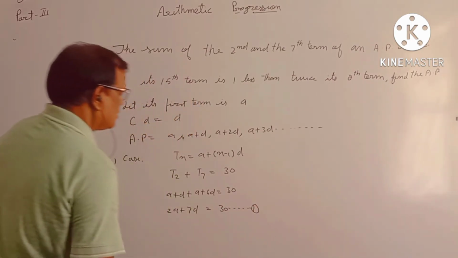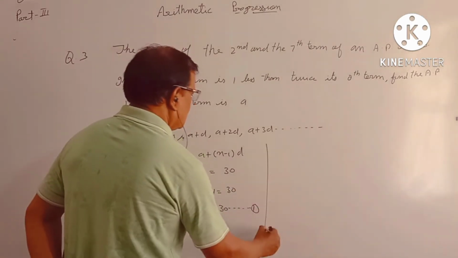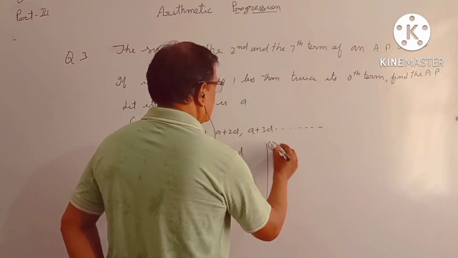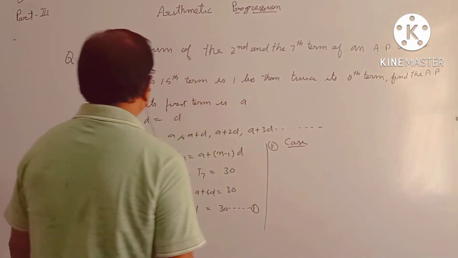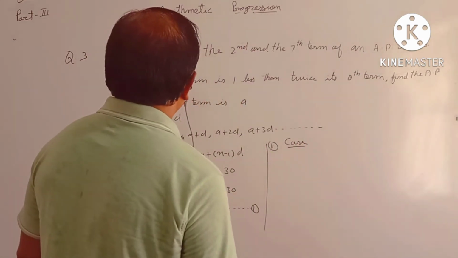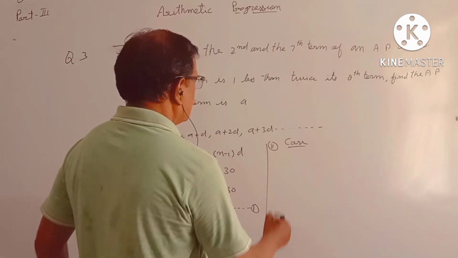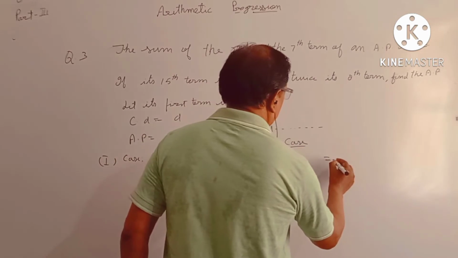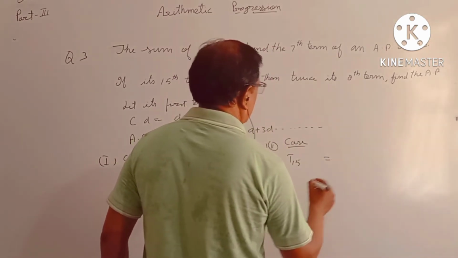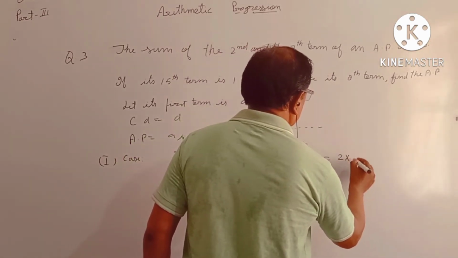Now we go to the second case. The second condition: the 15th term is 1 less than twice the 8th term. T15 is 1 less than twice T8.